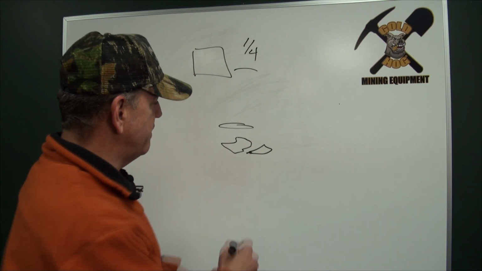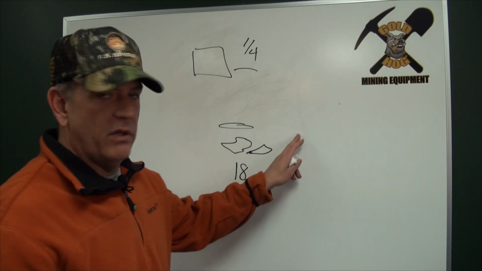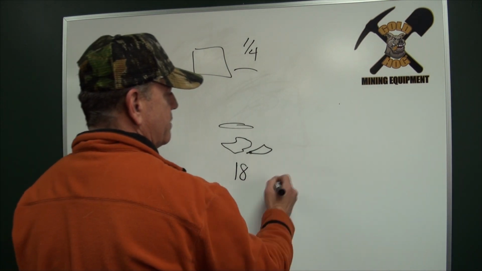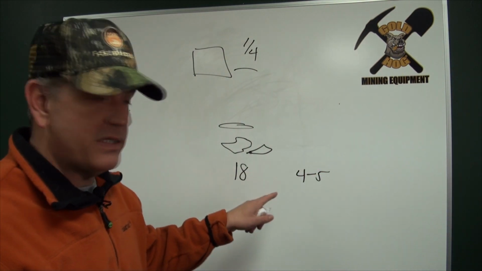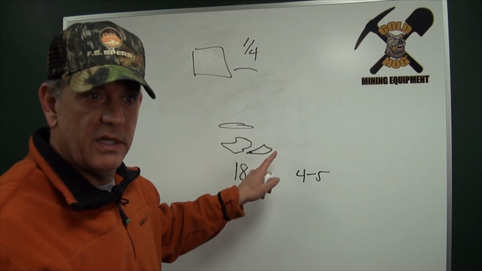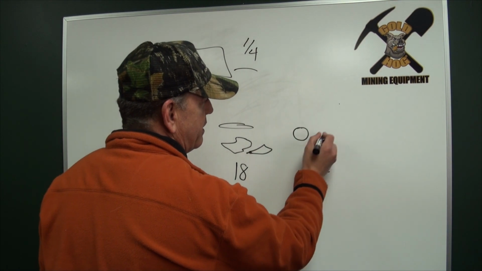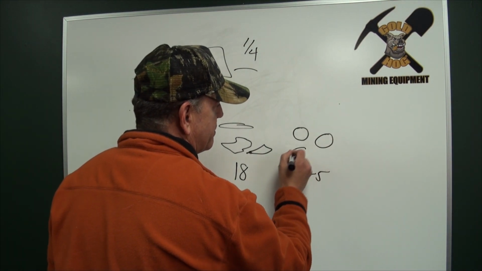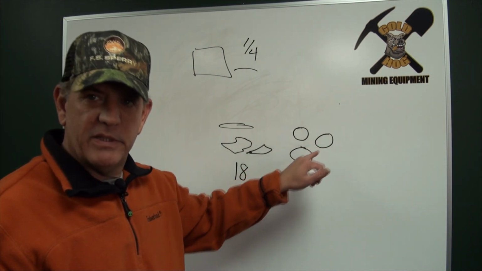So this is a specific density, let's say, of 18. Even though my spheres may be a specific density of say 4 to 5, the reason why they're still grouping with this is because they're round. So I'm going to typically have more rounded shapes, gems, hematites, and so forth.